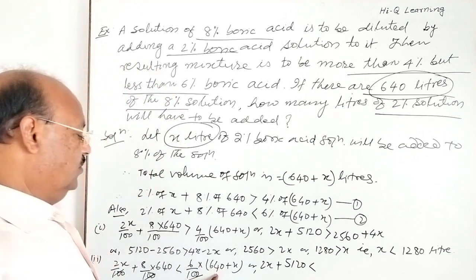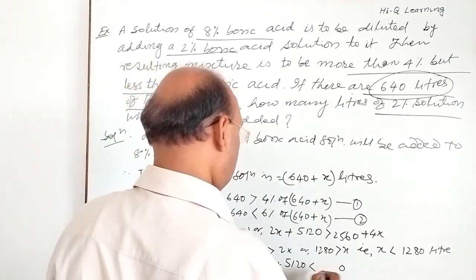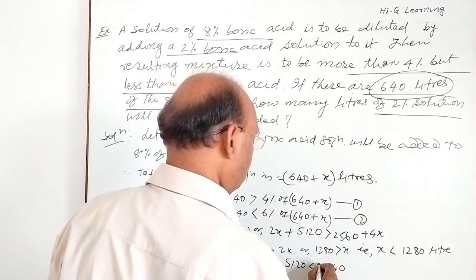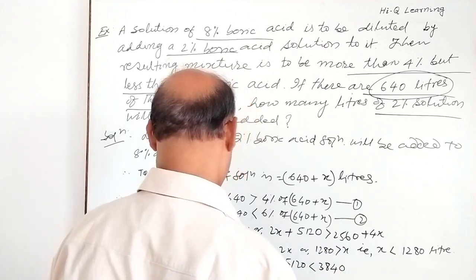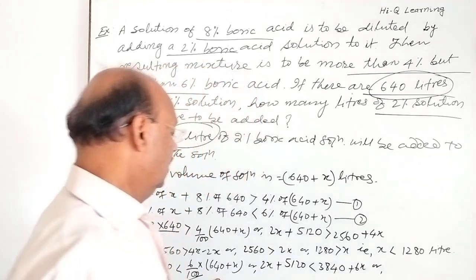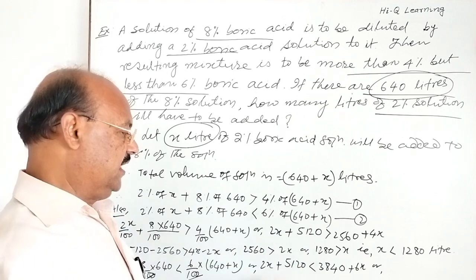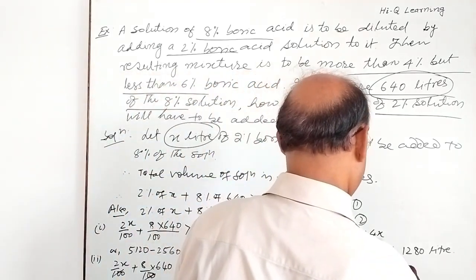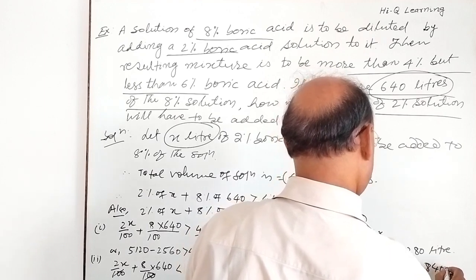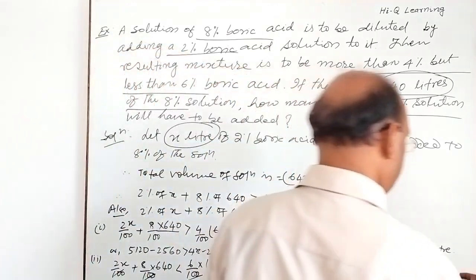So 6 into 640 is 3840, plus 6X. We transpose this 2X to the right-hand side and this number 3840 to the left-hand side, so 5120 minus 3840 is less than 6X minus 2X.